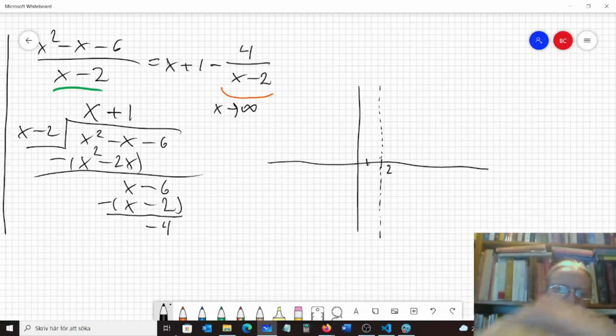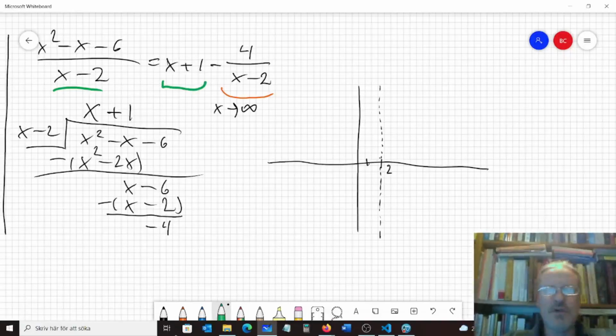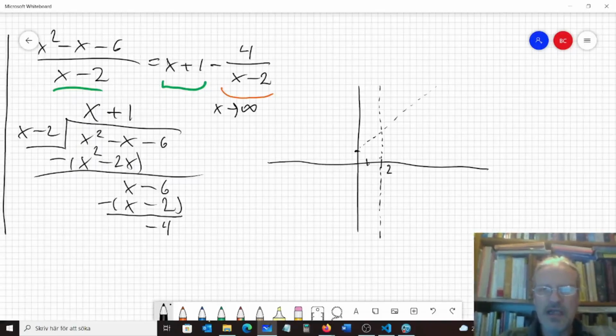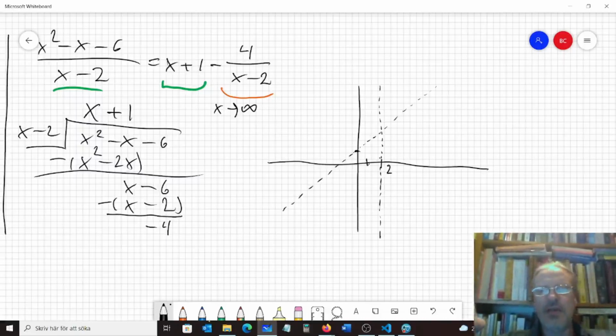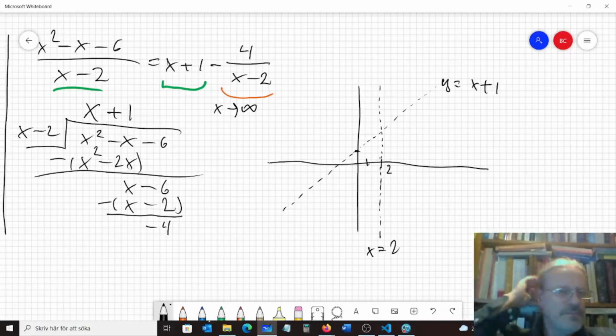That means that this part we had over here will be a kind of asymptote too, and it's called an oblique asymptote. It has a y-intercept of 1 and a slope of 1, so this is the line x plus 1. So in some way these two lines should be asymptotes. We have one asymptote at x is 2 and one asymptote y equals x plus 1.